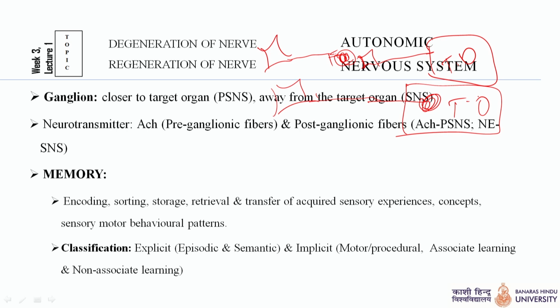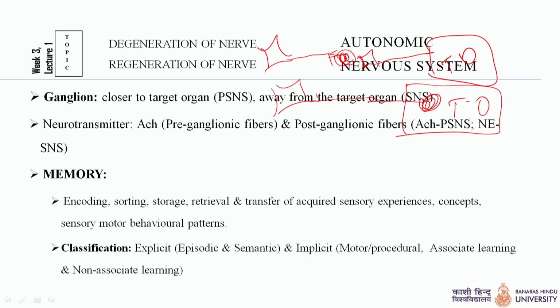Based on this, the fibers are called preganglionic fibers and postganglionic fibers, right? At the ganglionic location, it releases the neurotransmitters, which come and bind with the postganglionic fiber and that innervates. This story, how the synaptic transmission takes place, we already discussed.